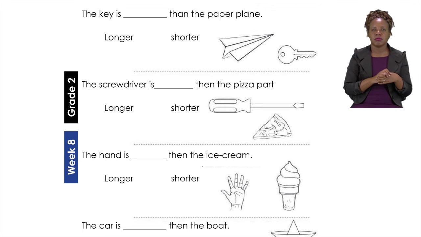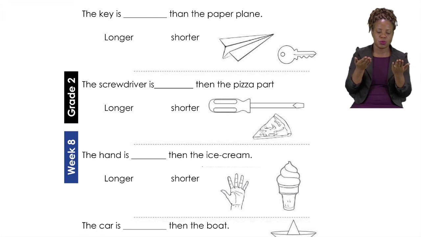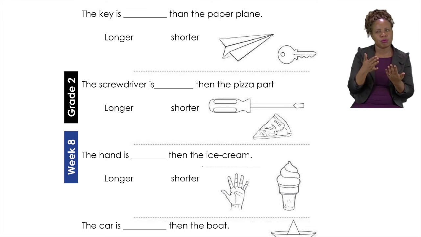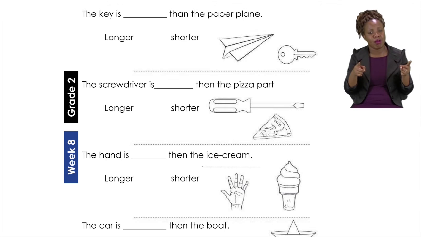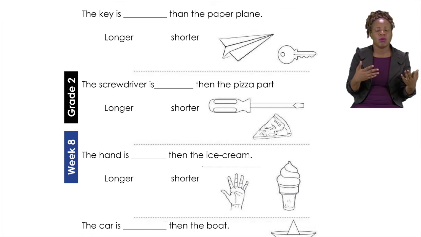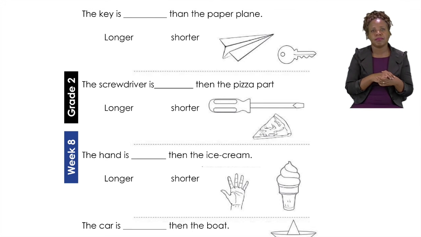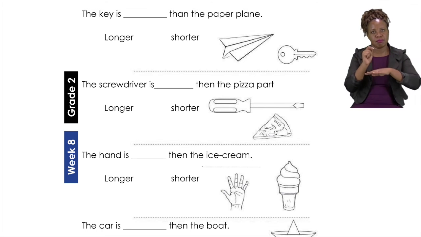Now, in the sentence that we just read, it is talking about the key. So we are comparing the key to the paper plane. Is the key longer than the paper plane, or is it shorter than the paper plane? I would like you to please write your answer on the dotted line.